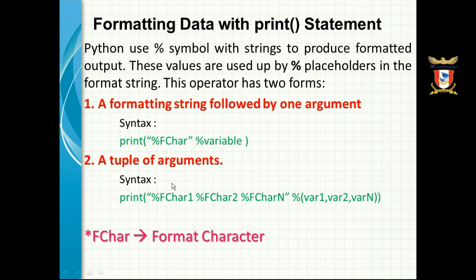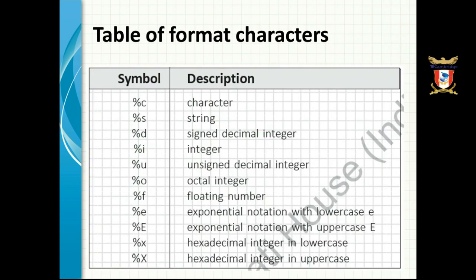So let's get started. First we'll discuss the format characters. In the next slide I can show you the format characters. Here we have a list of format characters that we can use with the percentage symbol.